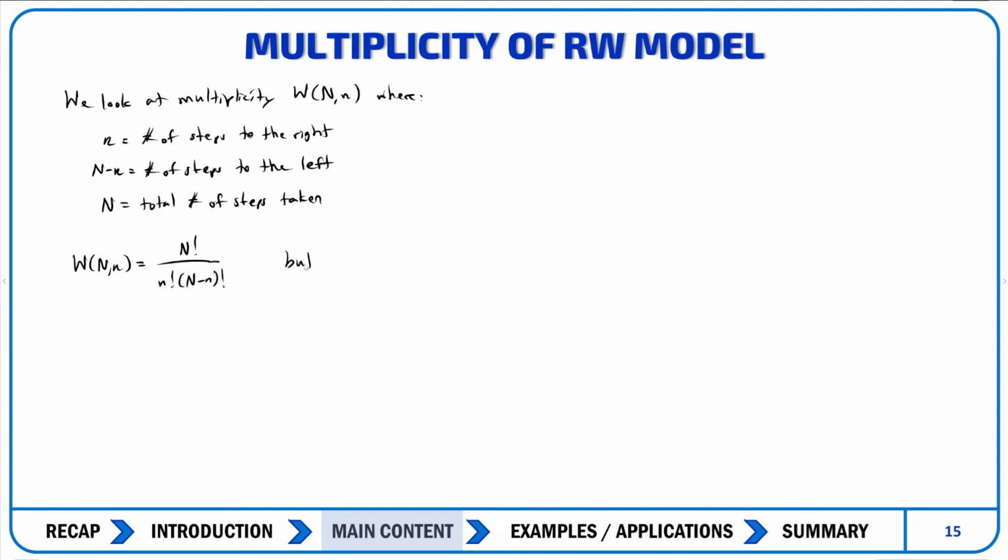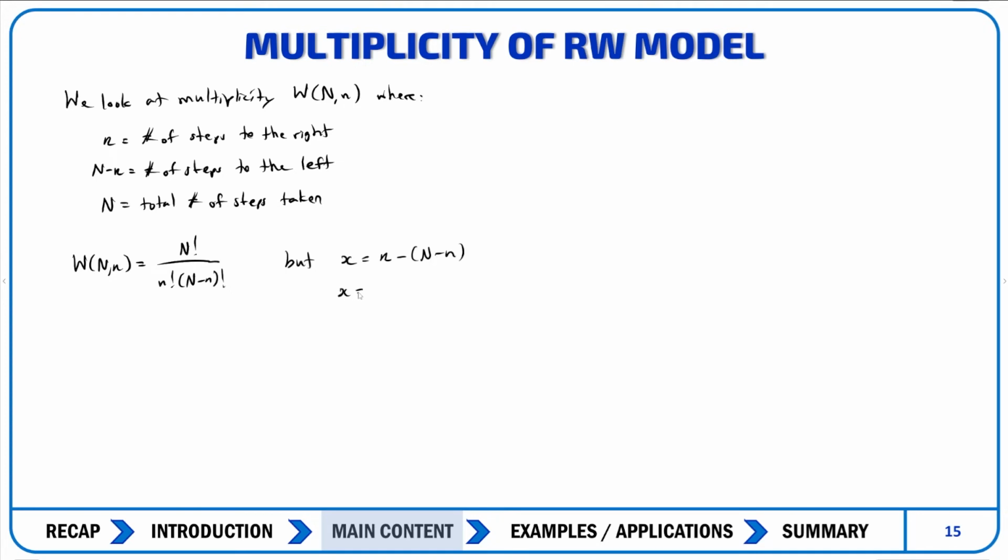But there is something else. We know that x is going to be equal to, if we know that one step is equal to 1 unit of distance, then we know that the total distance traveled would be n number of steps towards the right minus N minus n steps towards the left.